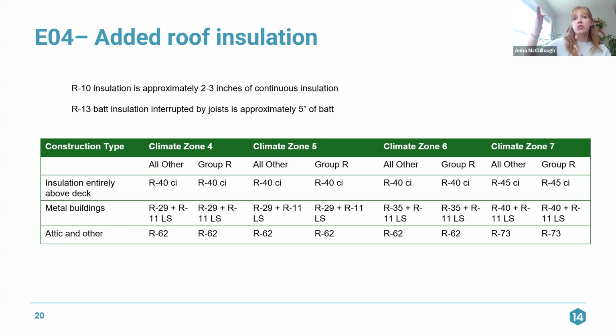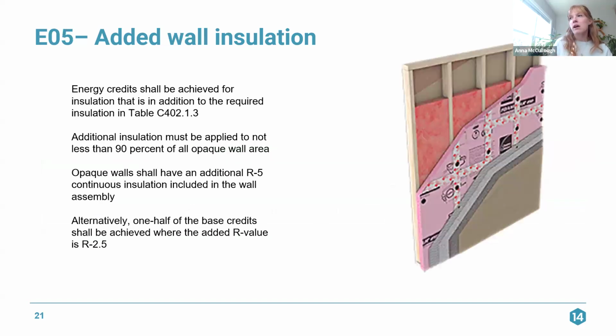And then I also took the requirements of section C402 with the prescriptive roof requirements, and added in the continuous insulation or batt insulation for attics, so that you have a quick reference for what you should be specifying if you want to achieve this credit. So that'll be available.